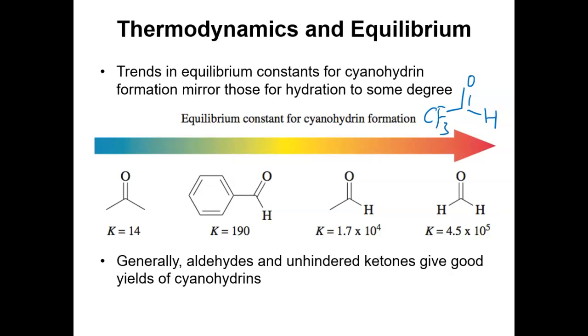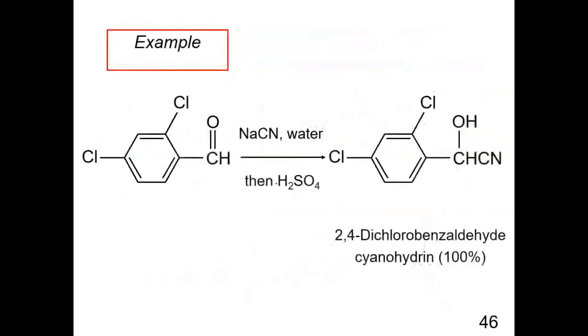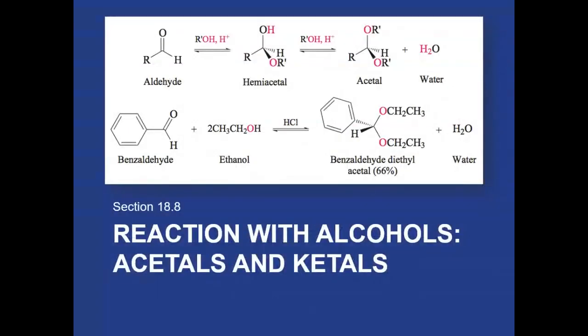If you have this aldehyde, it should be to the even left of formaldehyde, because CF3 is a very powerful electron withdrawing group. It activates the carbonyl group instead of deactivating. I don't know the number, but it should be higher than formaldehyde. Any questions about cyanohydrin formation?